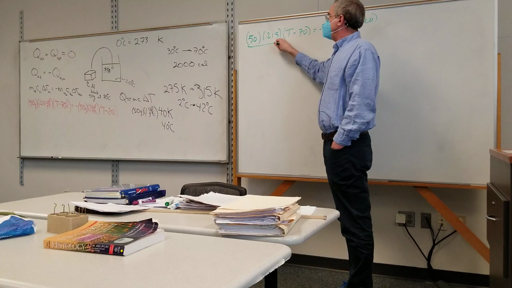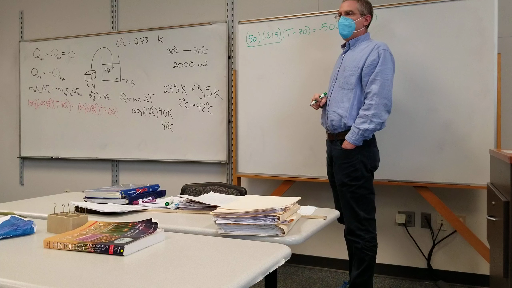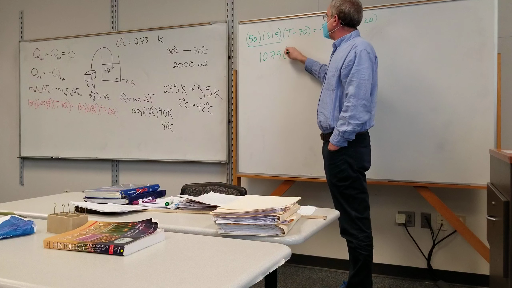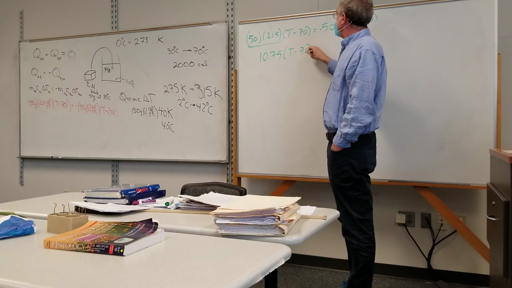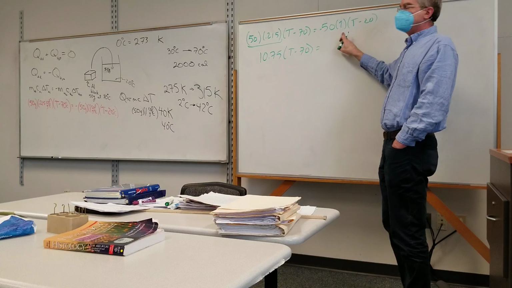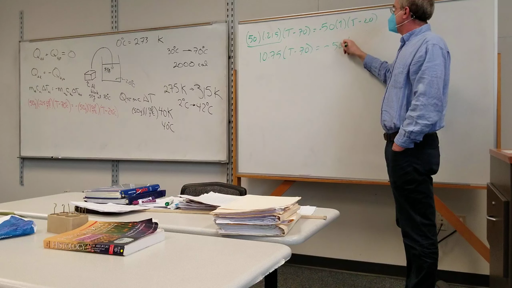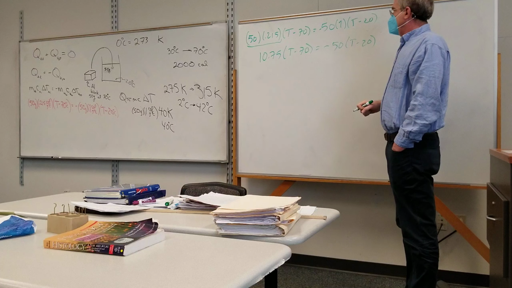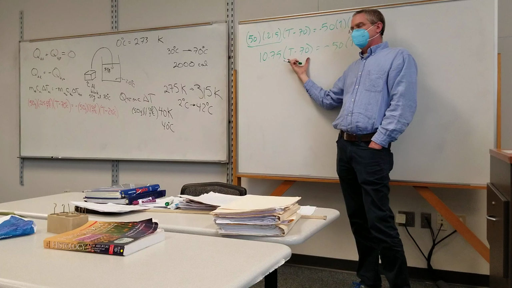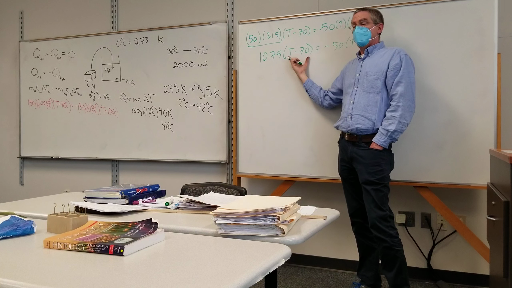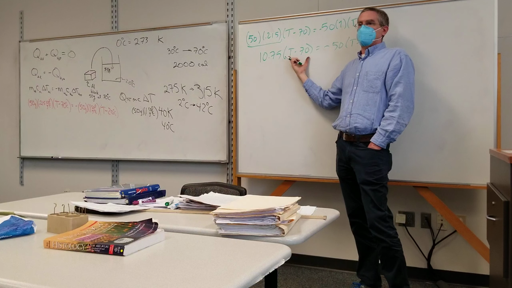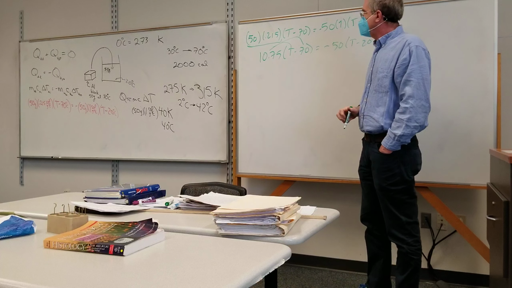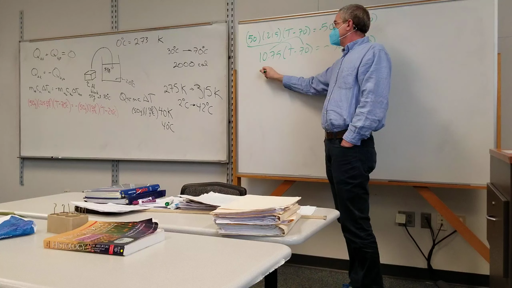So 50 times 0.215 is 10.75. 10.75 times (t minus 70) equals, and then I got this one, negative 50 times (t minus 20). So now I have a number outside a binomial. Distribute. Multiply this times that, then this times that. I got the first one.